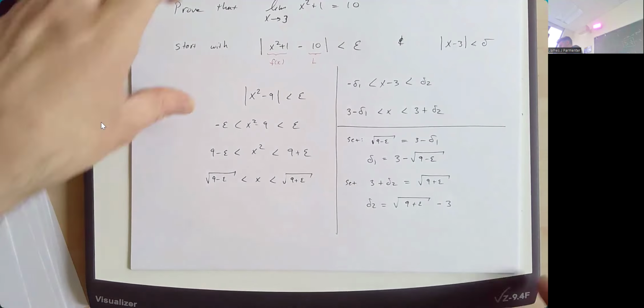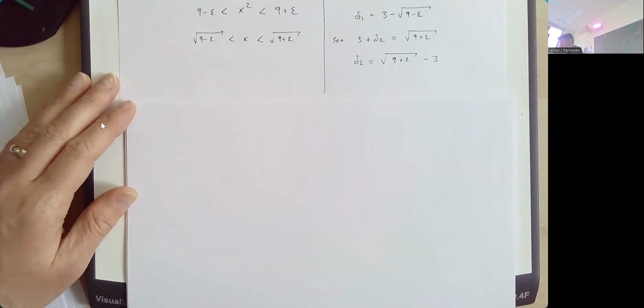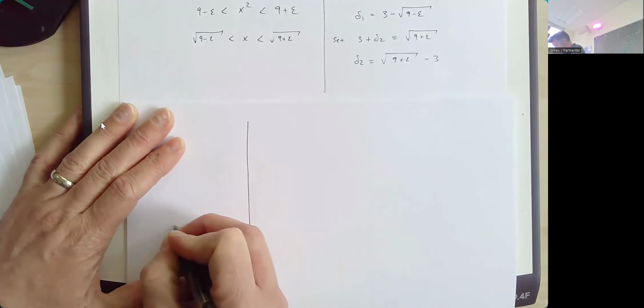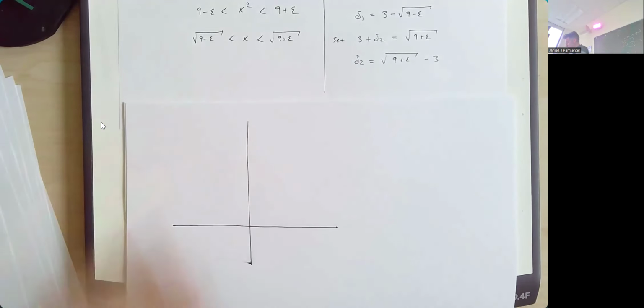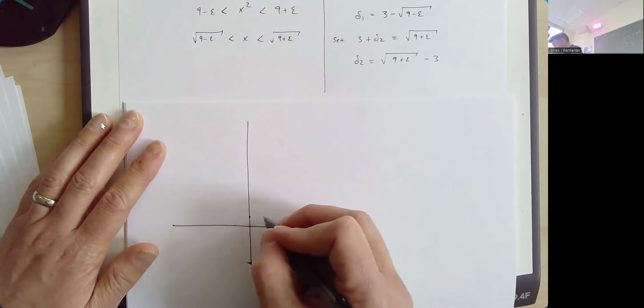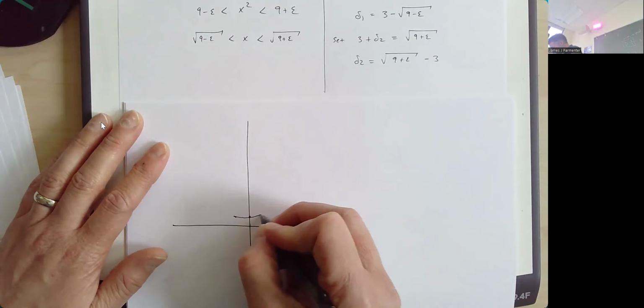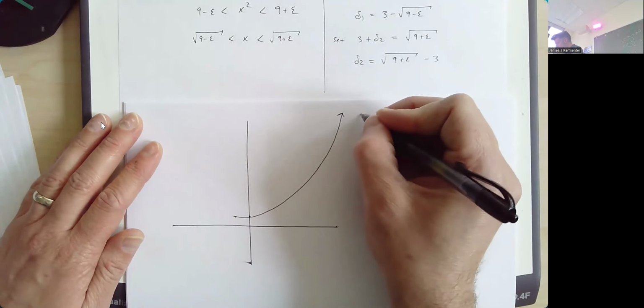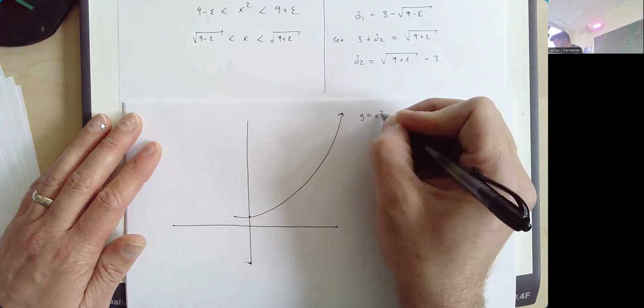Let's draw a picture. So here's what we've got going on. I'm going to try and draw it a little bit exaggerated. So here's my y equal to x squared plus 1.